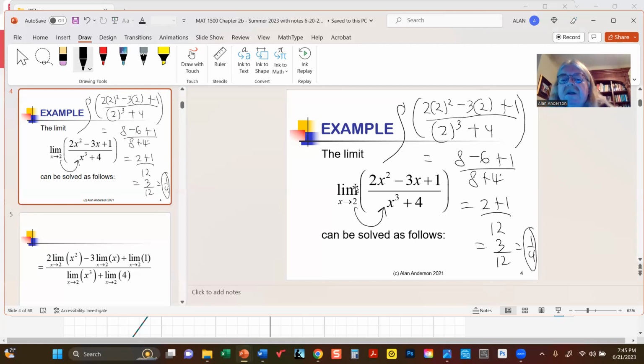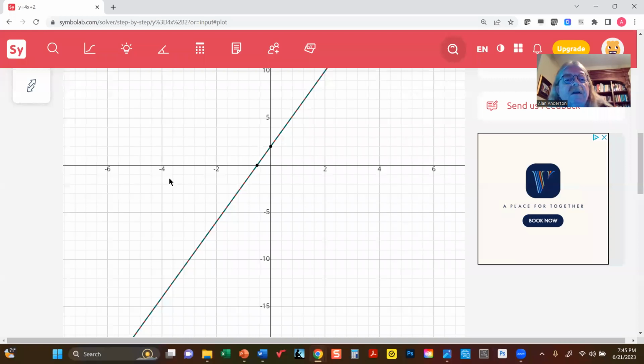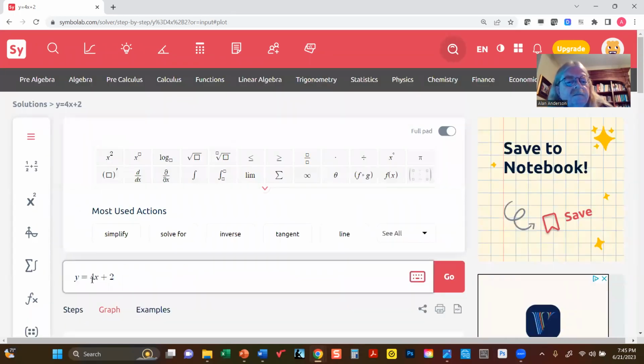Now, again, we could actually just throw this into Symbolab. Oh, let's do that just to see. I'm not sure what this thing looks like, but let's give it a shot. All right, so we have the ratio.